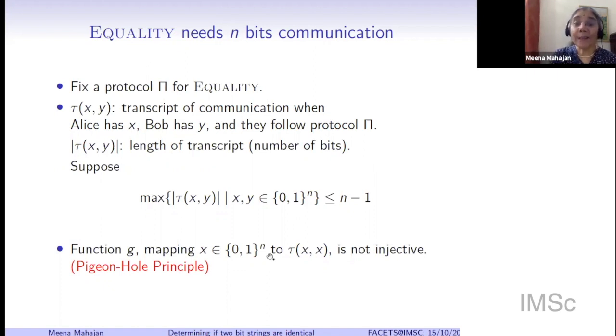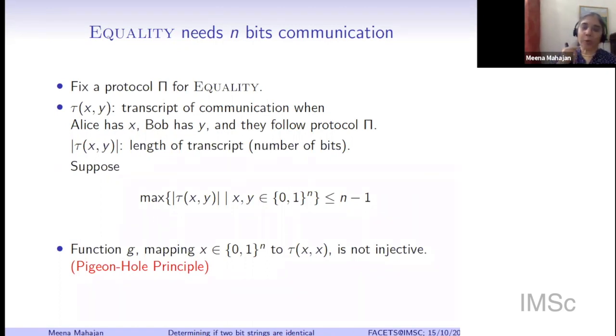How many transcripts are there? We have assumed that this protocol pi does not use n bits of communication. That is crucial. This protocol pi is solving this problem using fewer than n bits of communication. So I want to know how many transcripts there are of length strictly less than n.